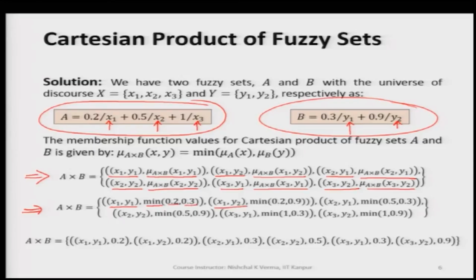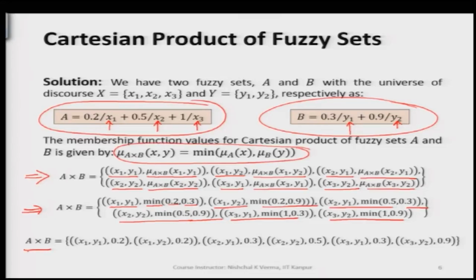Similarly, all other corresponding membership values will be computed using the min criteria, as I just mentioned, and it is also written here. This way our A cross B becomes the collection of all the elements, and these elements are nothing but the ordered pairs along with their corresponding membership values, which are calculated using the min criteria.